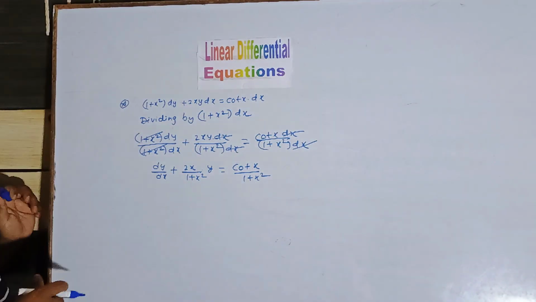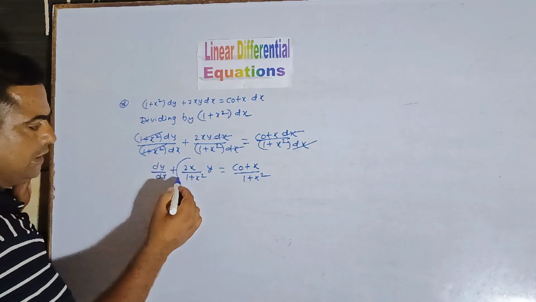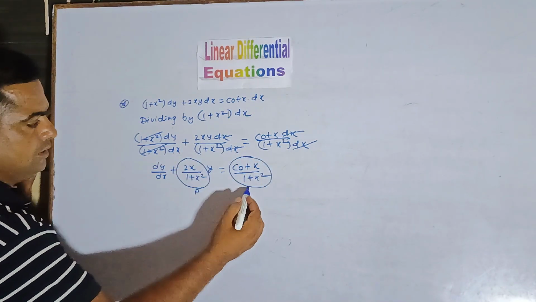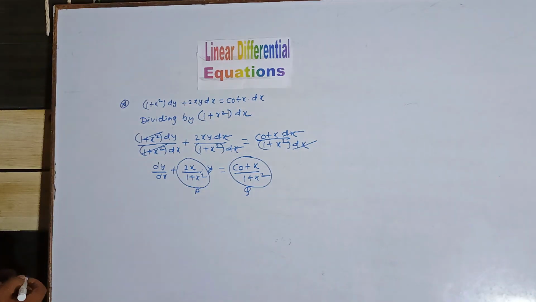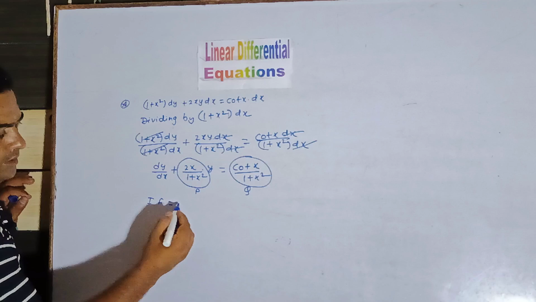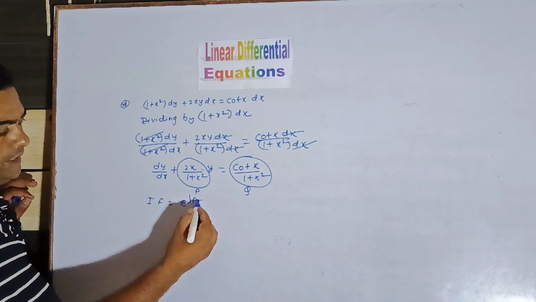Students, when you compare with the standard form, the value of p will be 2x upon 1 plus x square and the value of q will be cot x upon 1 plus x square. So we will find here the integrating factor, this will be e to the power integral p dx.